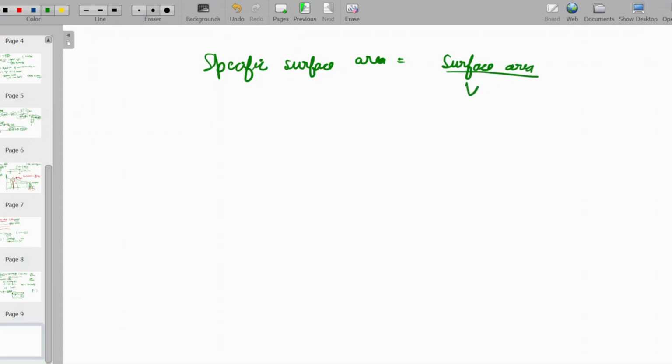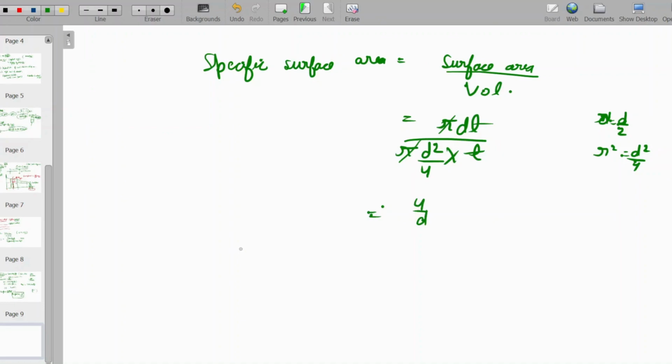Now, for the numerical concept, for a cylindrical shape, surface area is pi d l, and volume is pi r square l, that is pi d square by 4 times l, since r is equal to d upon 2. Everything gets cancelled and it is 4 upon d.